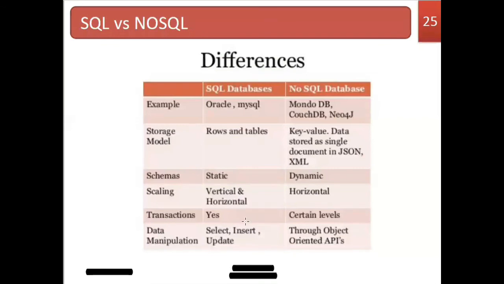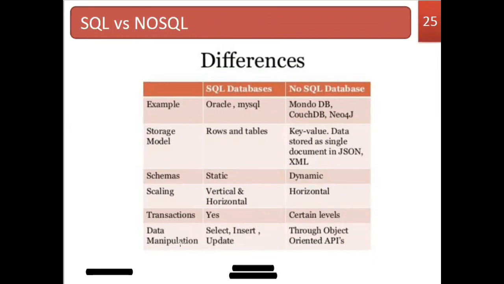And then transactions: mostly you can use transactions in the SQL databases using ACID properties, and the NoSQL databases support transactions up to a certain extent. There is only a limited amount of transaction you can perform with the NoSQL database, right? Maybe you cannot be very strict with the ACID properties. That is what we discussed already.